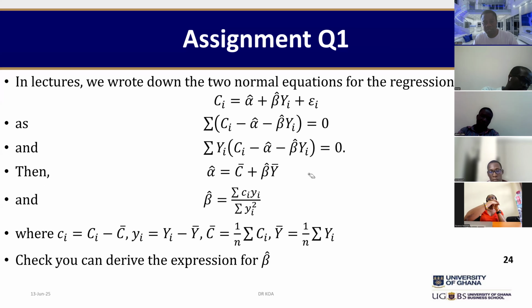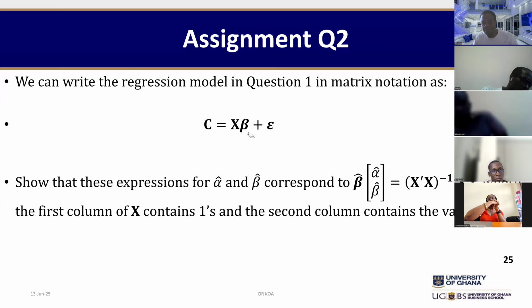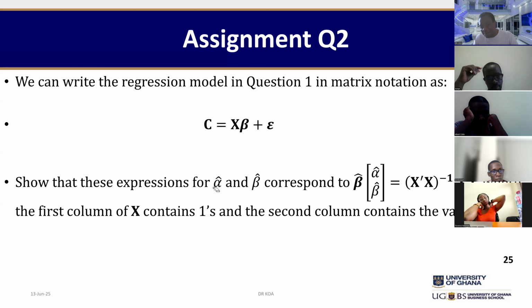For example, when you come here, this whole thing, you can write it in a matrix form like that. What you're supposed to do is to show that these expressions for the alpha cap and the beta cap are going to be, with beta cap being alpha cap over this. In other words, they are going to be this.